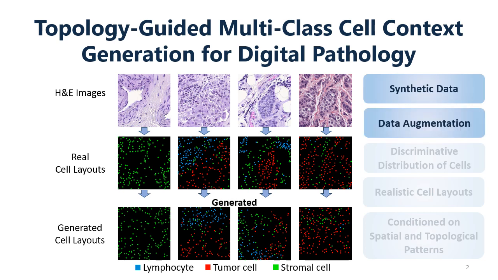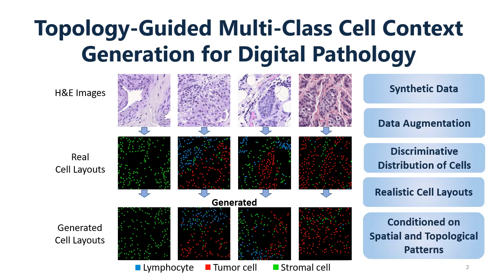In pathology, the distribution of different types of cells is discriminative, and so we design our method to create synthetic cell layouts that not only look realistic, but are also conditioned on real spatial and topological patterns.